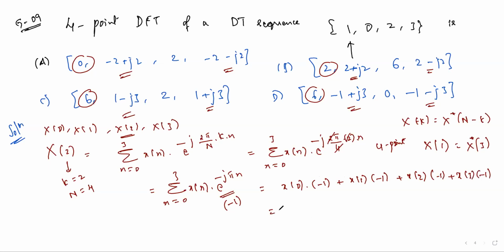X of 0 is 1, so minus 1, plus x of 1 is 0, plus x of 2 is 2 into minus 1, plus x of 3 is 3 into minus 1.